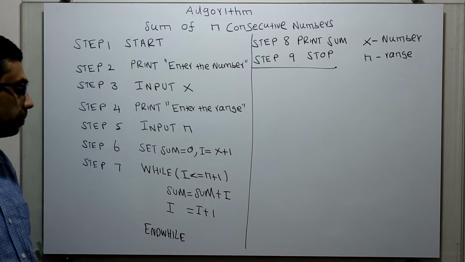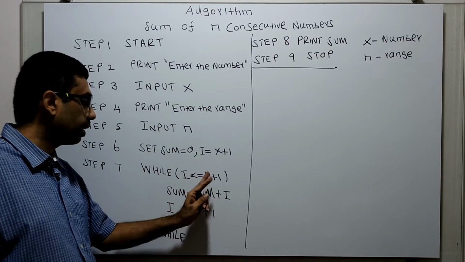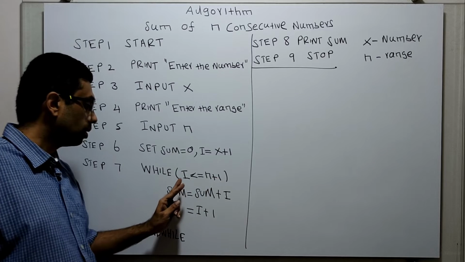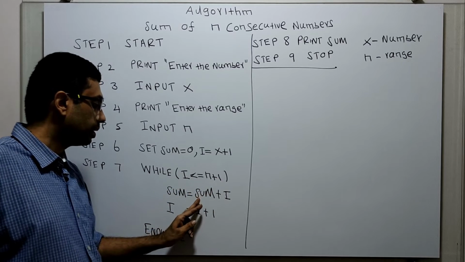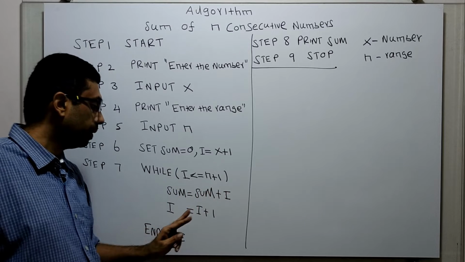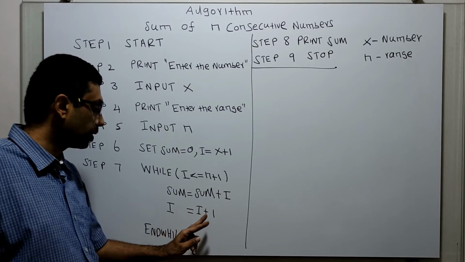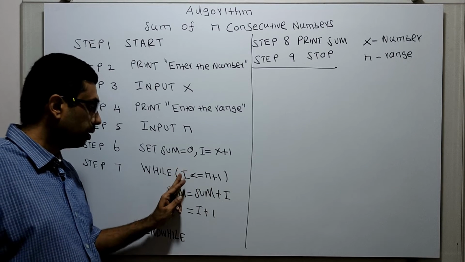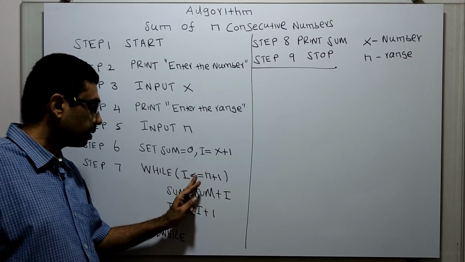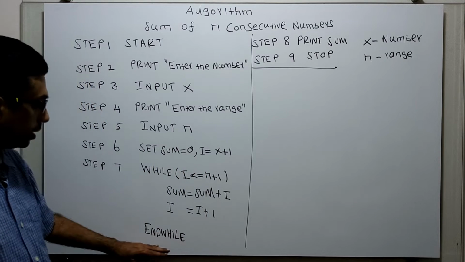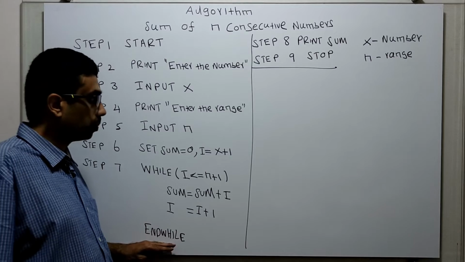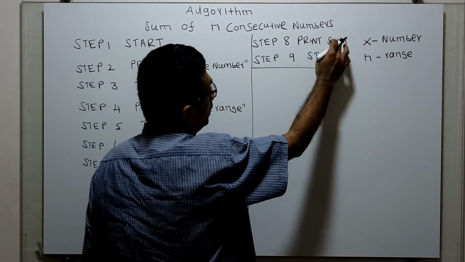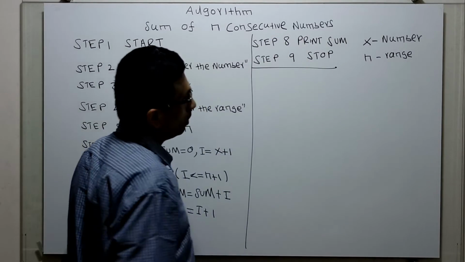While I less than or equal to n plus 1, sum equal to sum plus I, that means the existing value of sum plus the value of I. I am incrementing I equal to I plus 1. This will go on continuously until I is less than or equal to n plus 1. This is the end of the while loop. Now I am printing sum, and the logical stop of the algorithm.